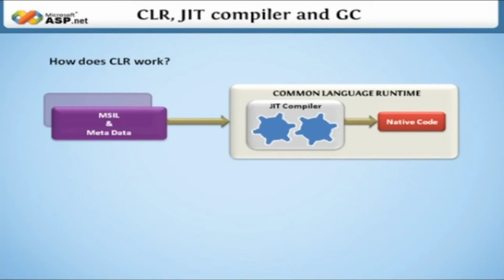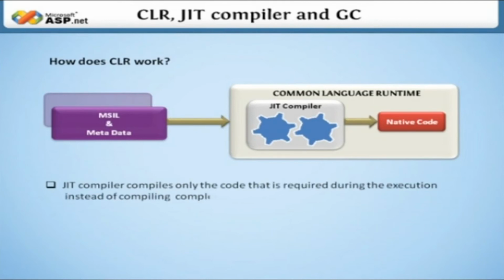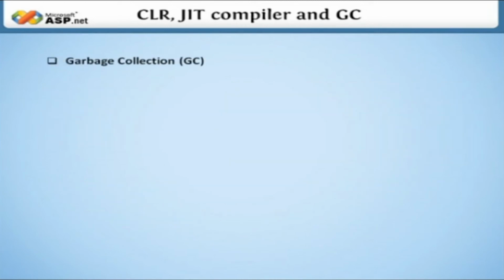During the process of compilation, the JIT compiler compiles only the code that is required during execution, instead of compiling the complete IL code. This process saves the time and memory required to convert the complete IL code into native code.